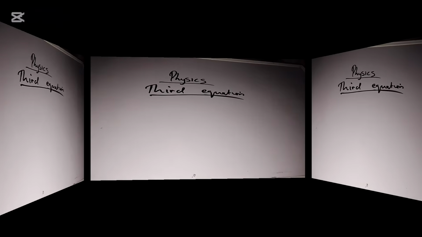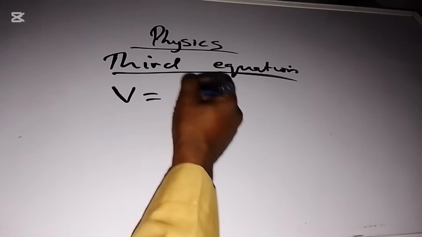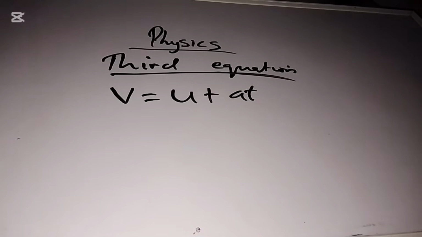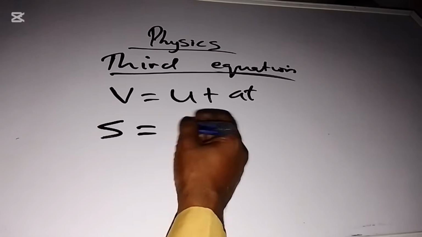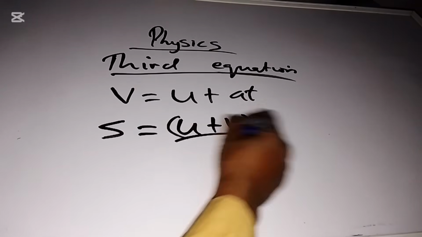Now let's derive the third equation. Recall that in equation 1, we arrived at v is equal to u plus at. Let's substitute equation 1 in 2. This is our equation 2: s is equal to u plus v, times t, over 2.